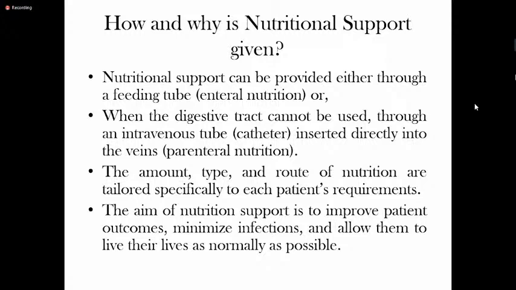So nutritional support can either be enteral, which is through a tube, or parenteral, which is through a catheter in a vein. The amount, type, and route of nutrition are tailored specifically to each patient's requirement. The main aim of nutritional support is to improve a patient's outcomes, minimize infections, and allow them to live their lives normally, just like any other normal individual.